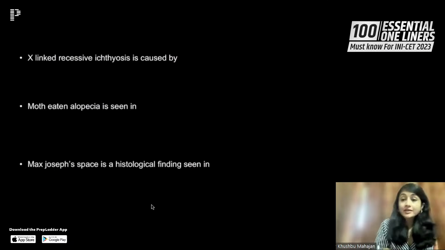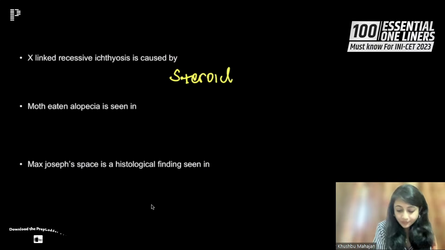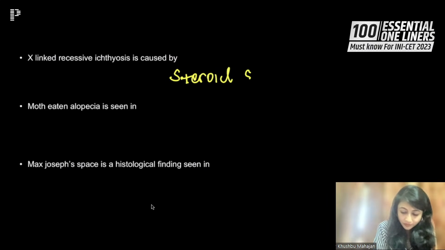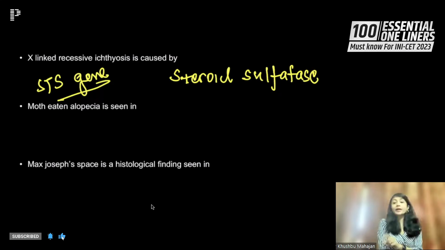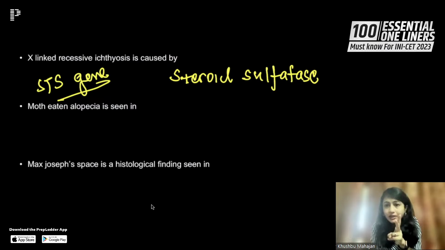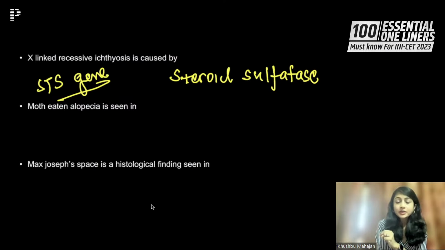Okay, so X-linked recessive ichthyosis is caused by a deficiency of steroid sulfatase. Or you can say a defect in STS gene. All right. In ichthyosis vulgaris, filaggrin is the problem. In lamellar ichthyosis, transglutaminase is the problem. X-linked recessive ichthyosis, it is steroid sulfatase. Right?